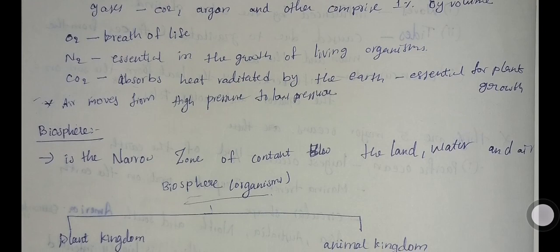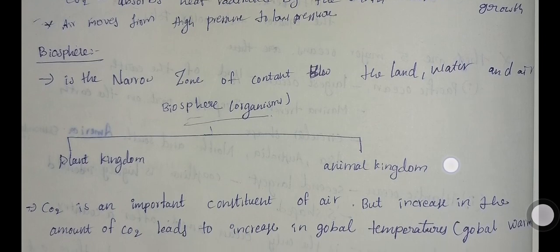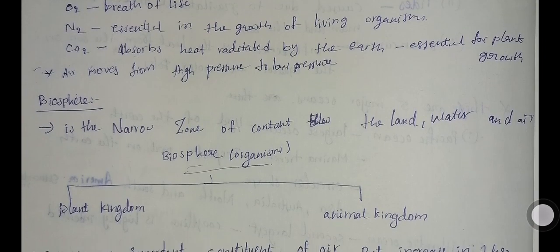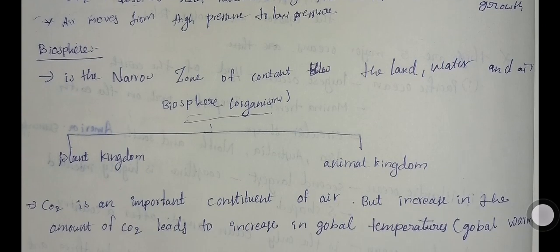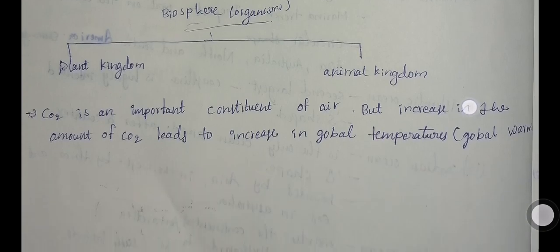Low pressure and temperature are in inverse proportion. Next, biosphere. Biosphere is the zone of contact among land, water, air. In the biosphere, we have 2 kingdoms, that is plant kingdom and animal kingdom.